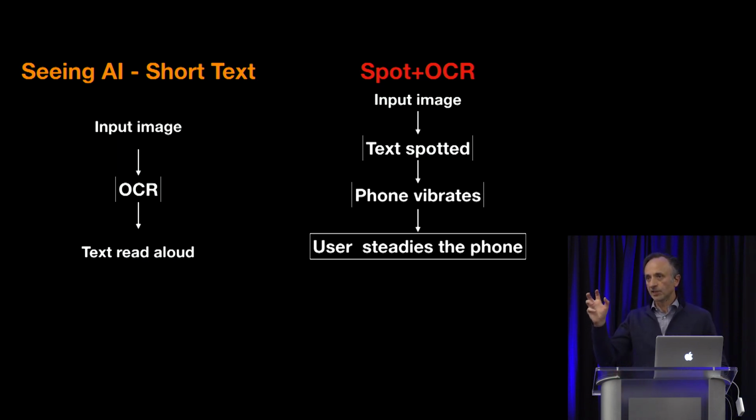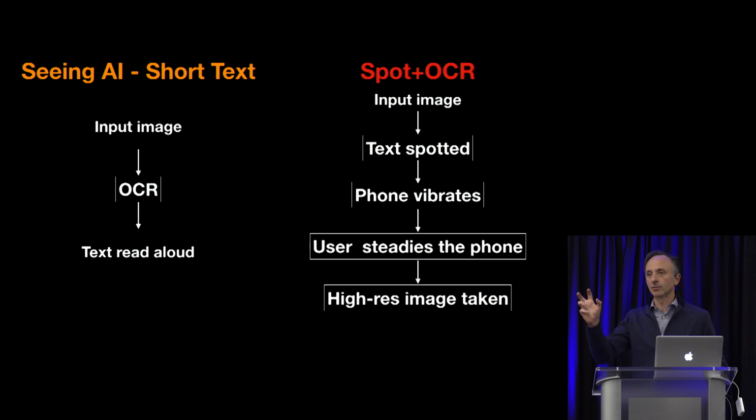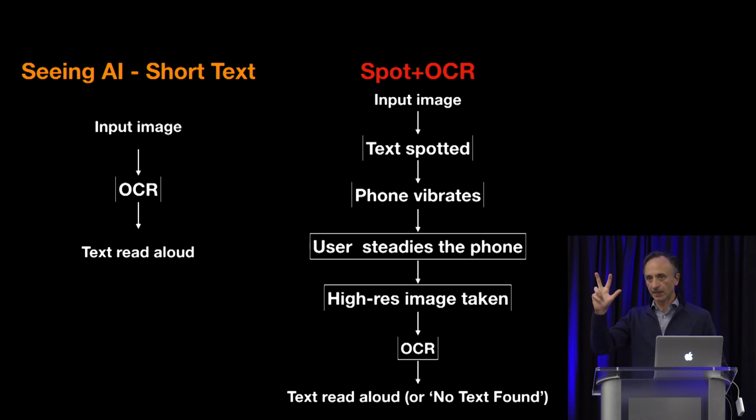Upon receiving this prompt of vibration, the user is supposed to stop the phone and steady it so that a high-resolution image can be taken with a steady phone, and the image can then be read through OCR. So in a sense, it's a two-step process, right? First, if there is some text in the area, you feel the vibration, you stop it, and then hopefully the text is read for you.